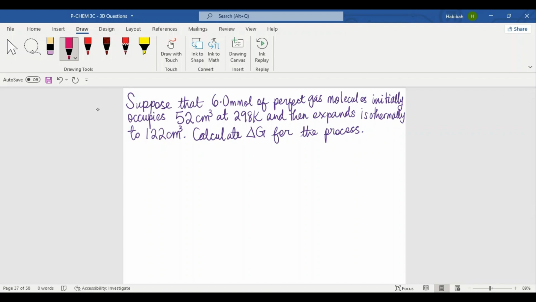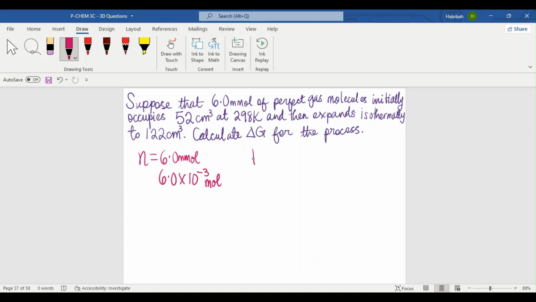Of course, because we are dealing with a chemistry question, we're going to first of all write out all the parameters that we're given in order for us to determine what to do. The number of moles is 6.0 times 10 raised to the power negative 3 mole of perfect gas molecules, initially occupying 52 centimeter cubed at 298 Kelvin.